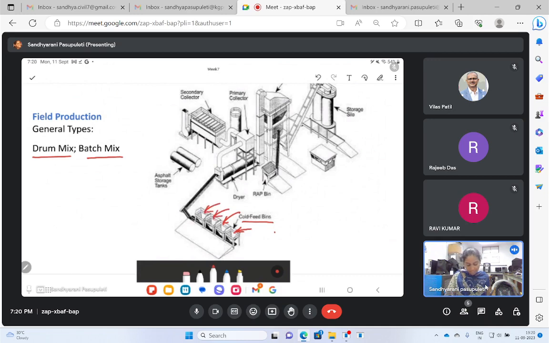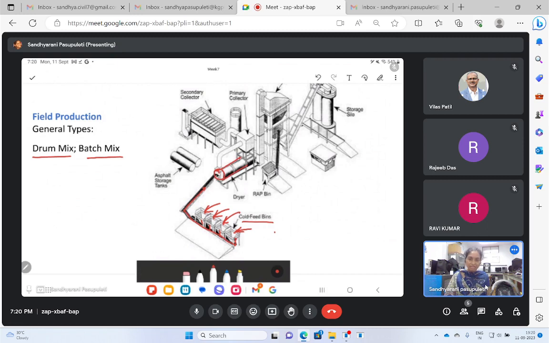Once these bins are having aggregates, now I wanted to produce a mix. From these bins the material will be moved downwards, and all that material will be collected onto this conveyor belt. This conveyor belt will take these aggregates and move them into this, you can see here, a drum.